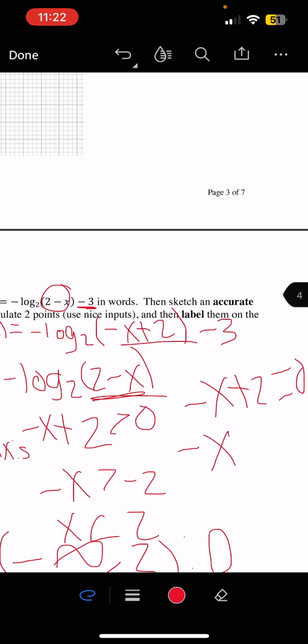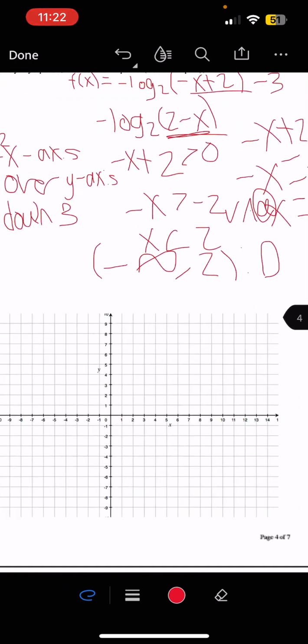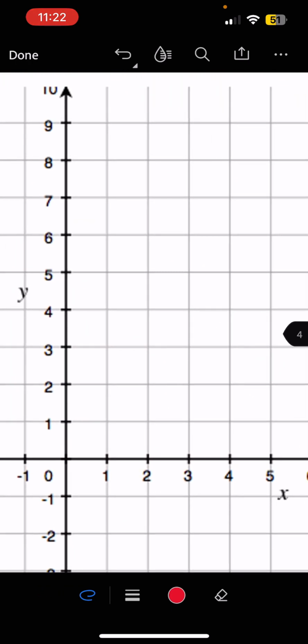So negative x is equal to negative 2, so x is equal to 2. So there's a vertical asymptote at x equals 2. I'm just going to go ahead and dot that off right now. This is going to be really hard to graph when it's on the screen, but it should be okay.